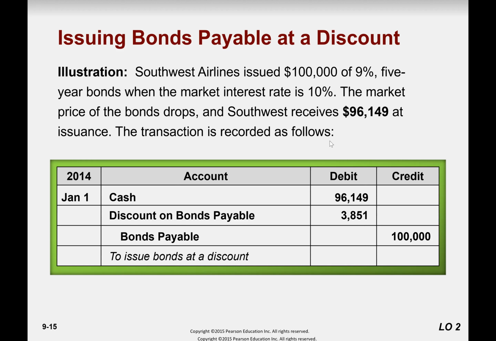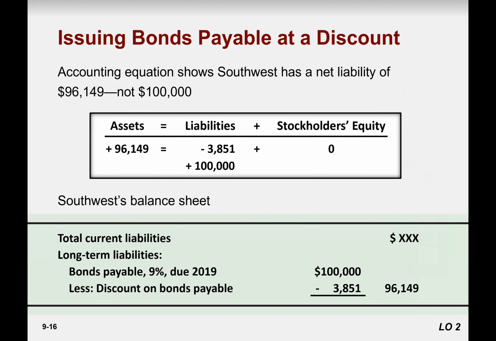Now let's talk about how they are written on the balance sheet. So this is the balance sheet equation. We are not covering this, just focusing on how this is written on the balance sheet.